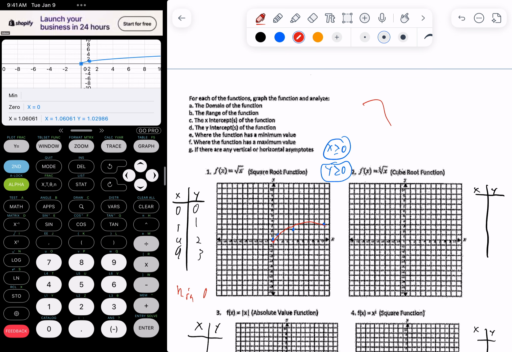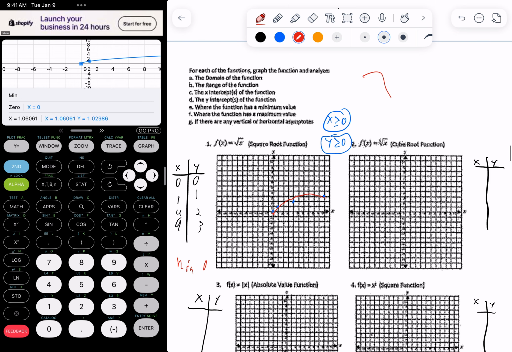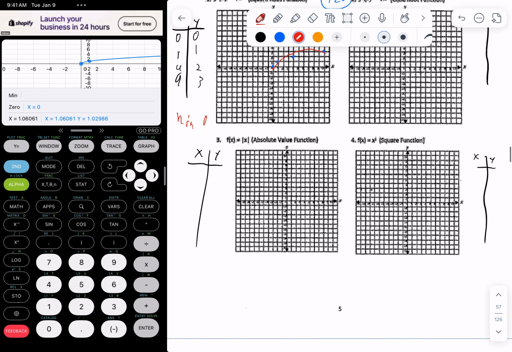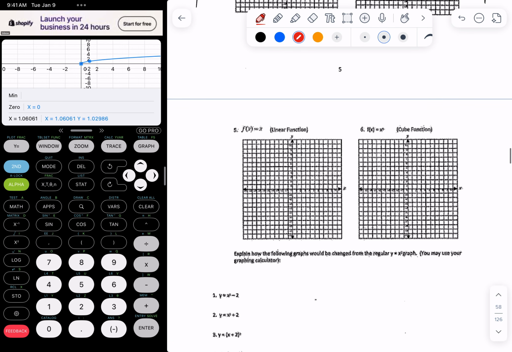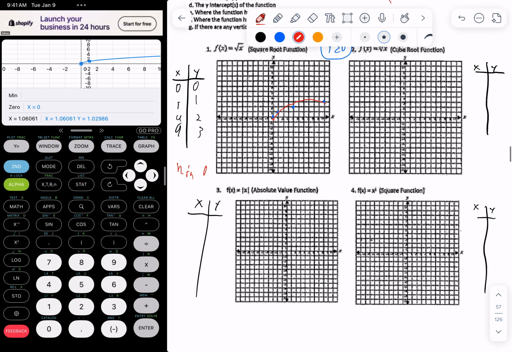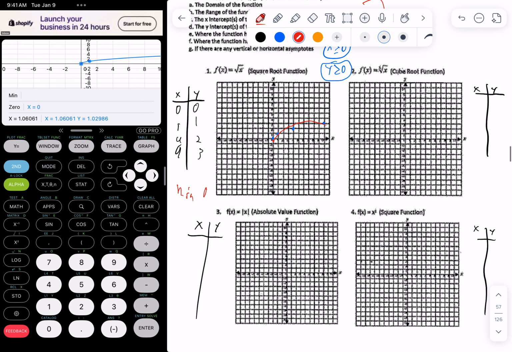Okay. So now we'll do cube root, and then we'll do the square function, and then the linear function and the cube function. Okay, so cube root. Great.